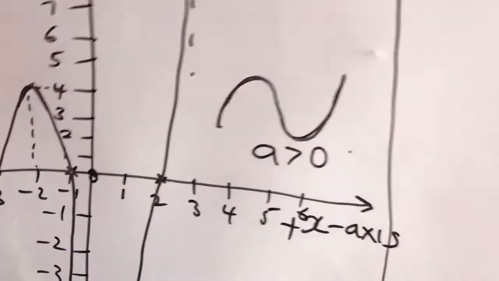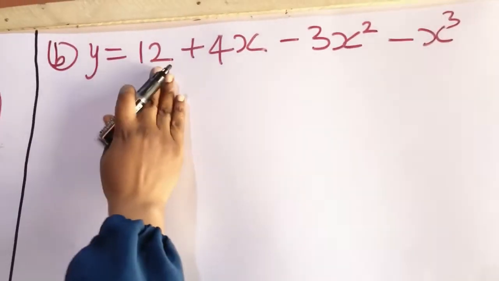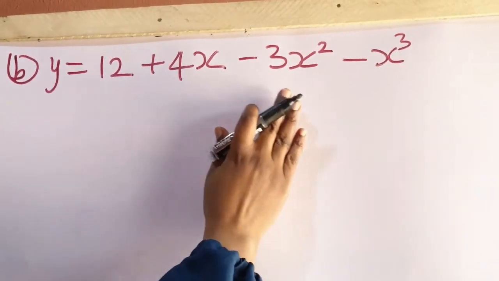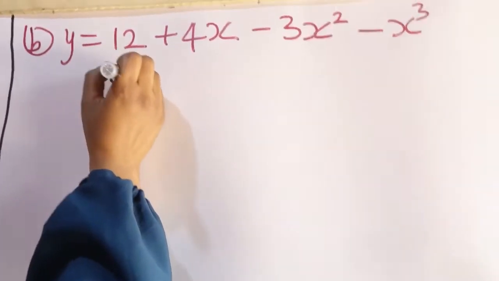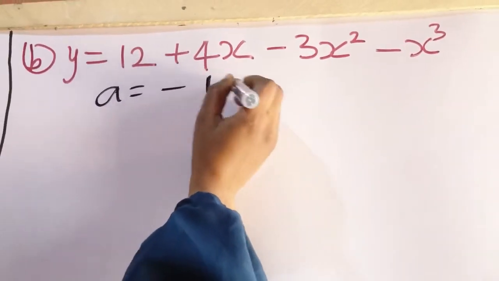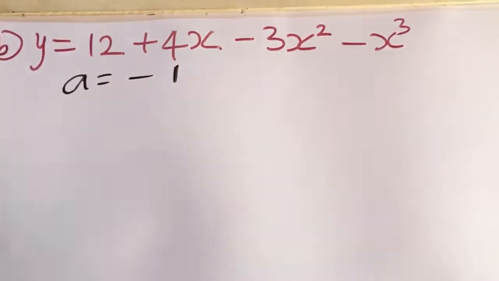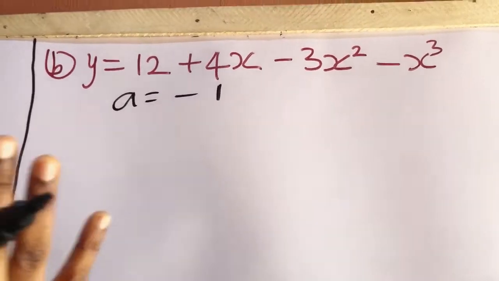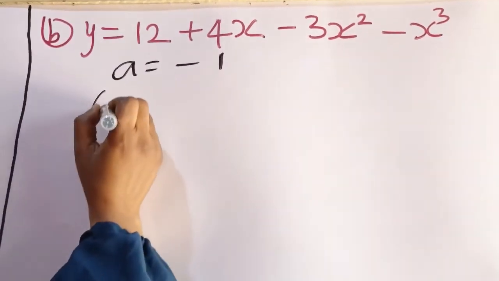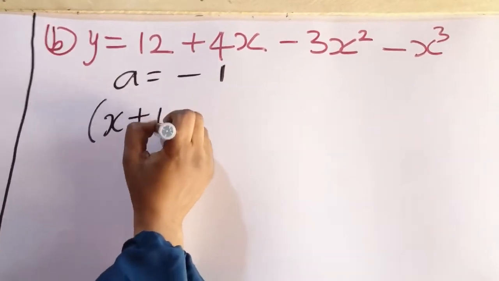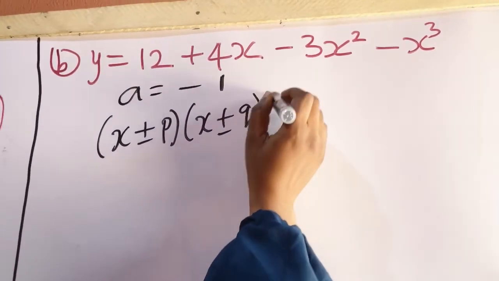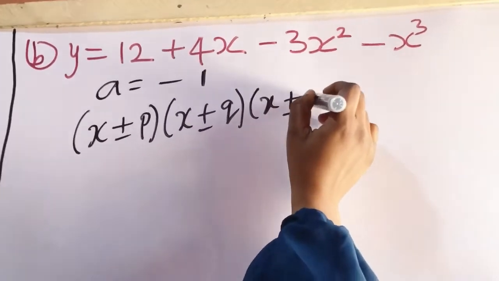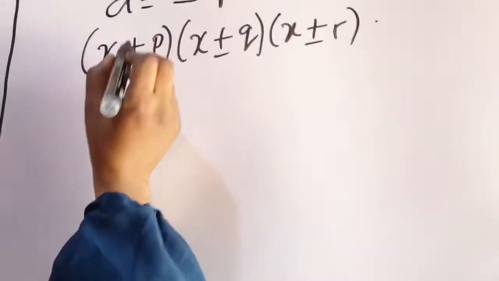So example 2. y is equal to 12 plus 4x minus 3x squared minus x cubed. It means that a here is equal to minus 1. Now, the next thing is that we have to use the factor theorem. And it has to be like x plus or minus p multiplied by x plus or minus q multiplied by x plus or minus r.